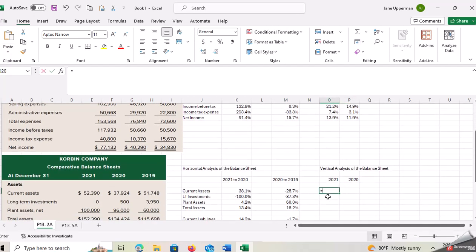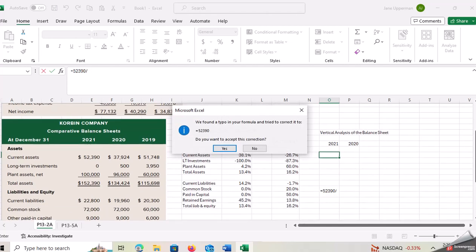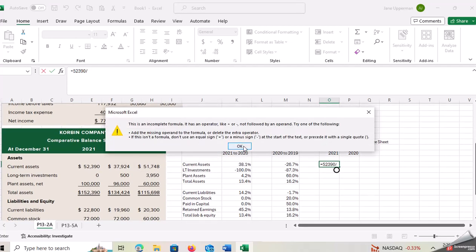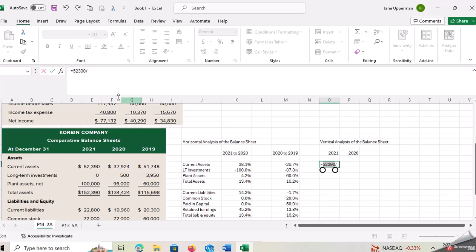So our current assets, we take the 52,390, and then we divide that by our total assets. So then our total assets are 152,390. Then we take the long-term investments, divide them by the total assets, and that's 0.